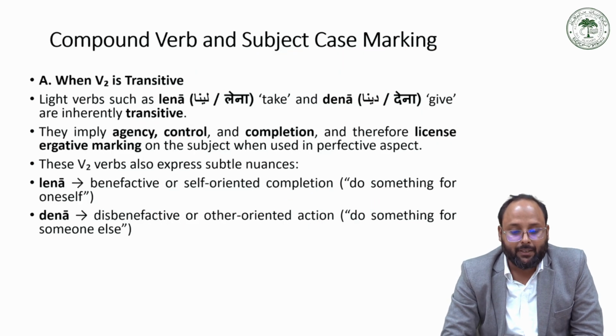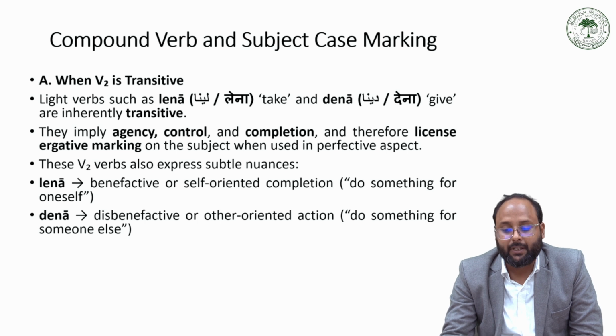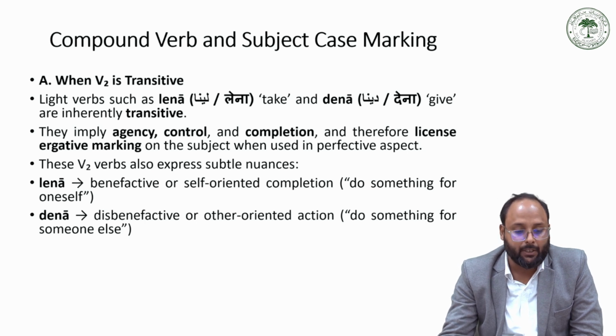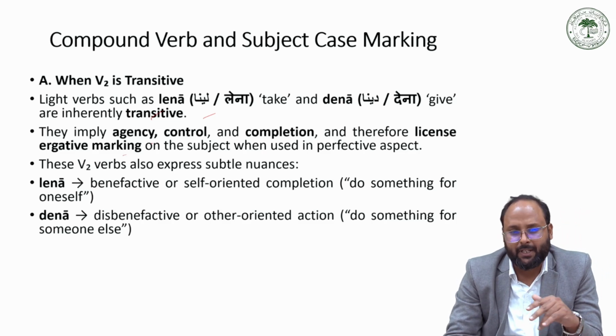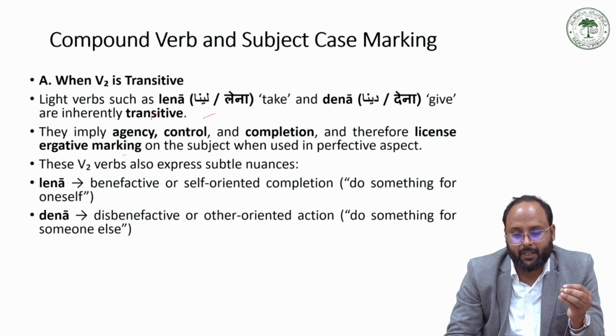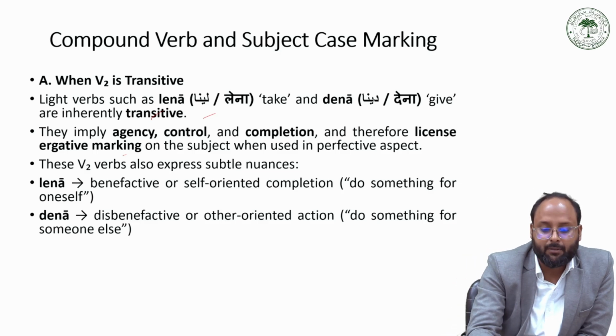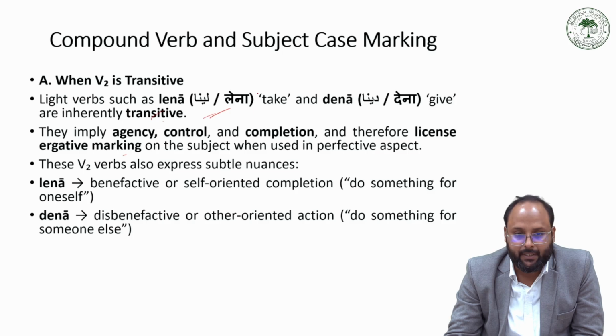So that is another thing. When the light verb is lena or dena, which is transitive, it also implies agency, control, and completion. Therefore, we get the ergative case. The ergative case is semantically related to the agent, control, and completion. Because the light verb is transitive, we have the ergative case, which means there is some agency and control in the sentence.